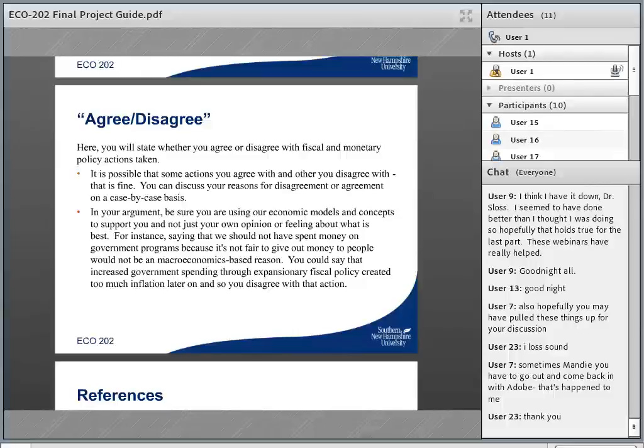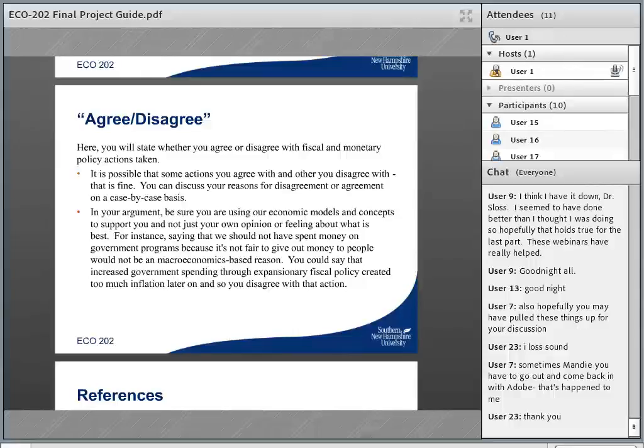So we've got an example here that you could say that, you know, you don't agree with the government spending money on programs because it's not fair to give money to people. That is not to say it's not a legitimate reason to disagree with a policy, but it's not based on macroeconomic models or concepts.